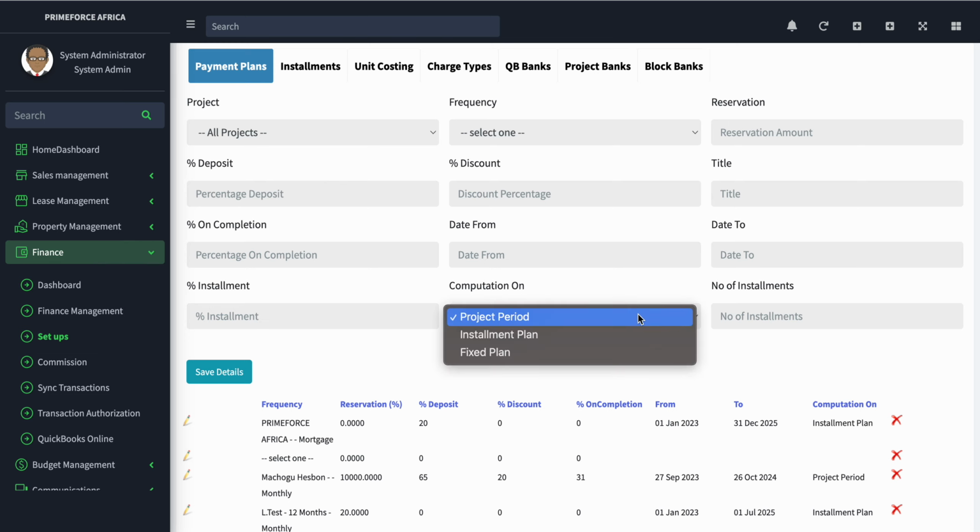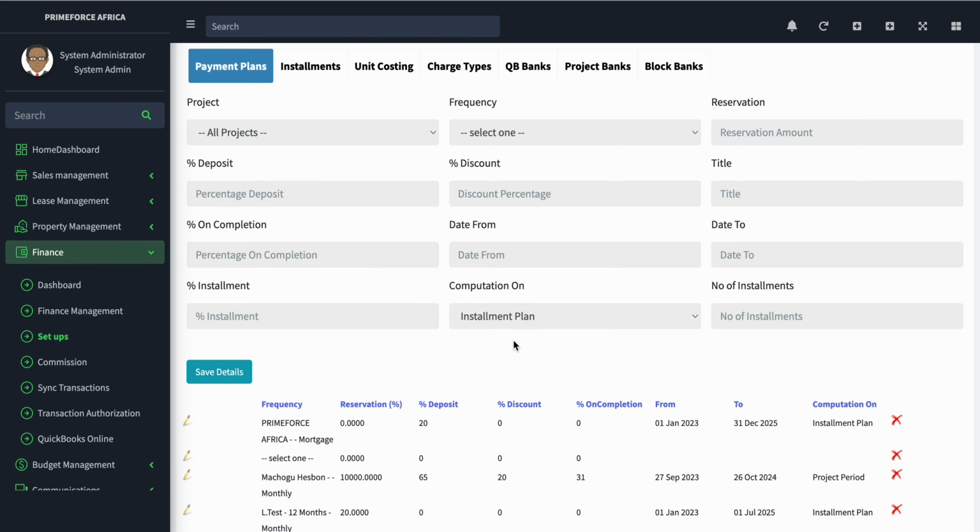You're also able to determine the computation process of the plan based on the project period, which then will determine that if the project starts in January to December and the frequency is monthly and the installment plan is 10%, then the system will have 10% across each month from January through December. Installment plan. This one is based on the installment limits where you're able to define the installment schedule as I'll show ahead.